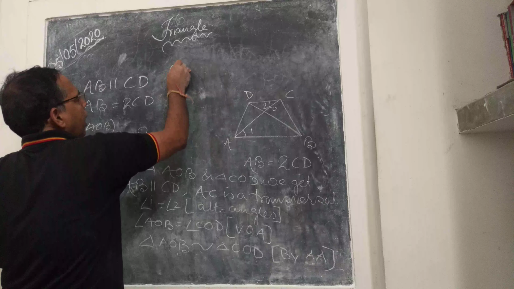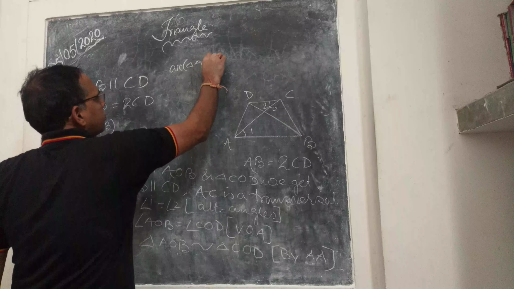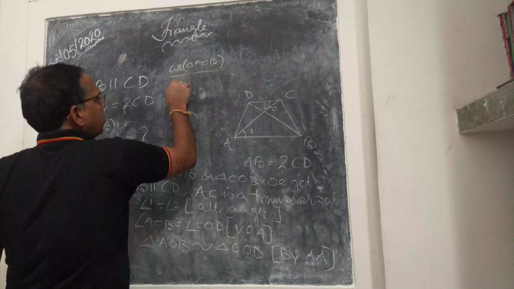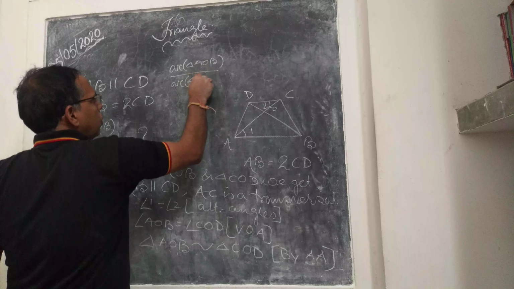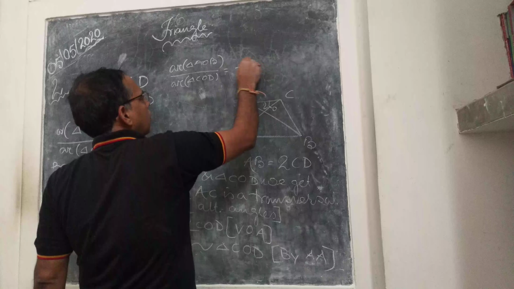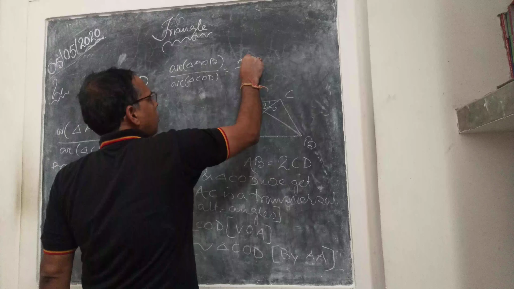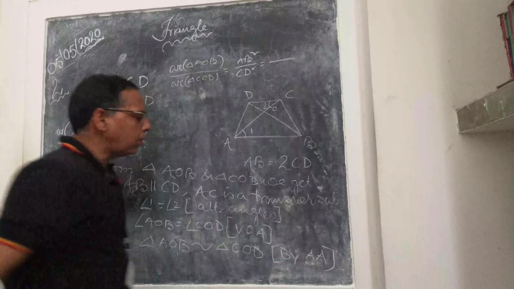We'll get area of triangle AOB by area of triangle COD equal to AB square by CD square, and AB is how much?